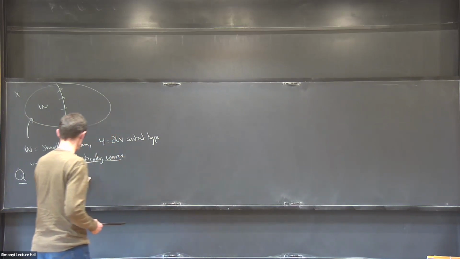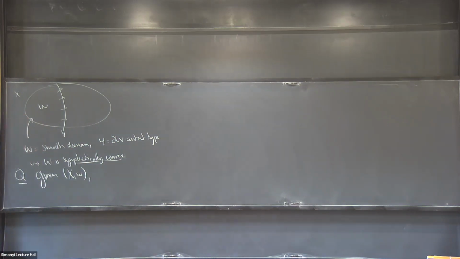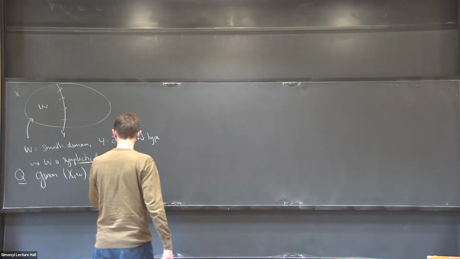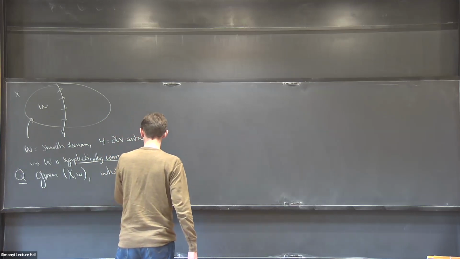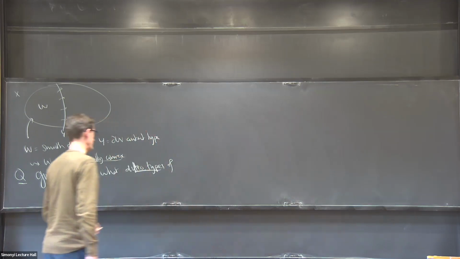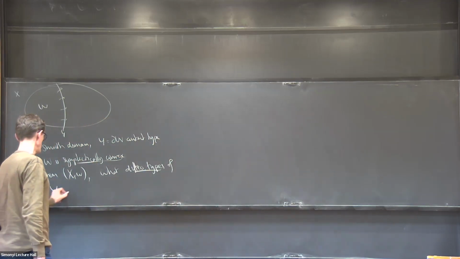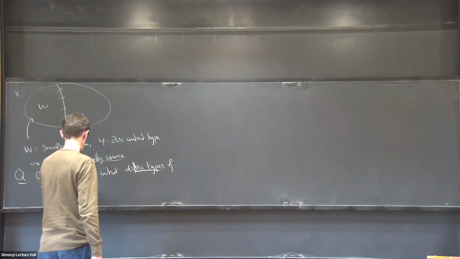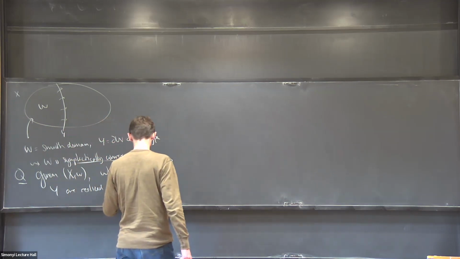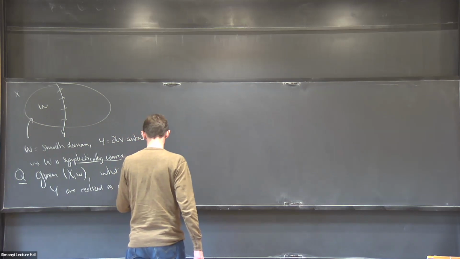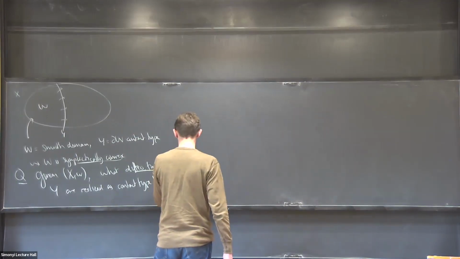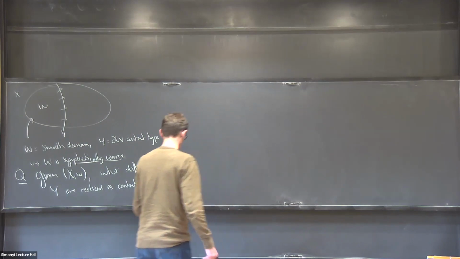And what I'm particularly interested in is just the diffeomorphism type of the submanifold. So what diffeomorphism types of codimension 1 submanifold Y are realized as contact type hypersurfaces?